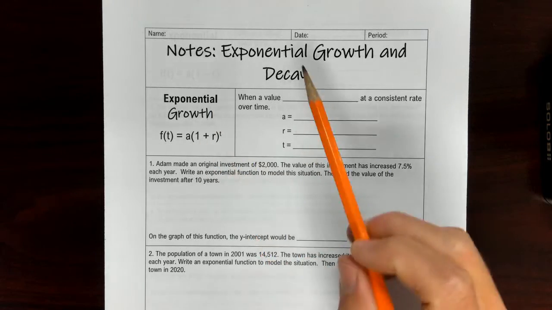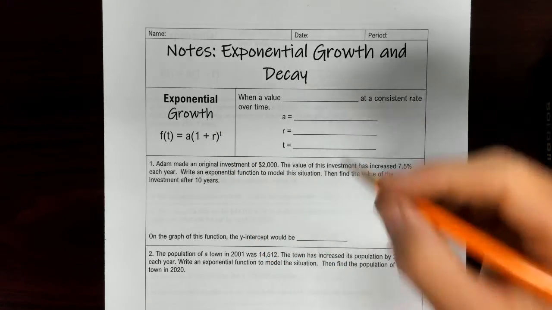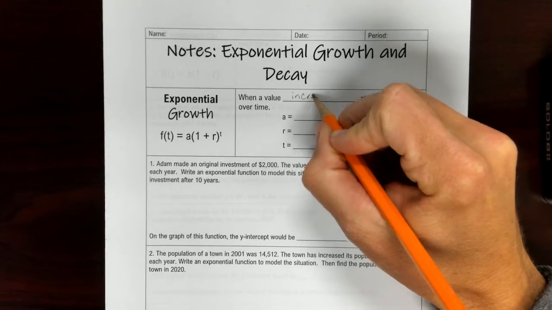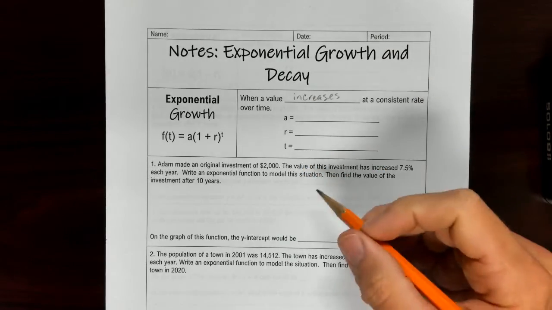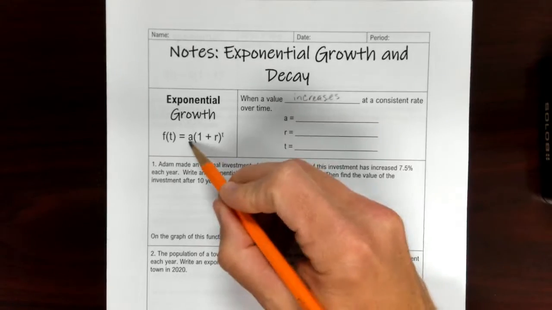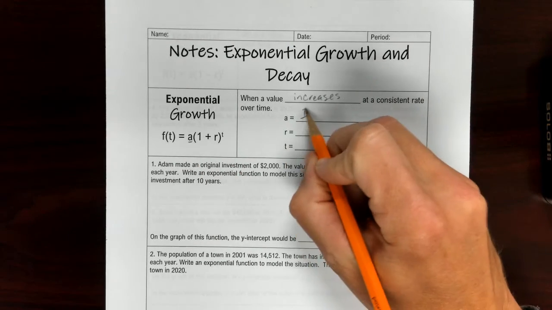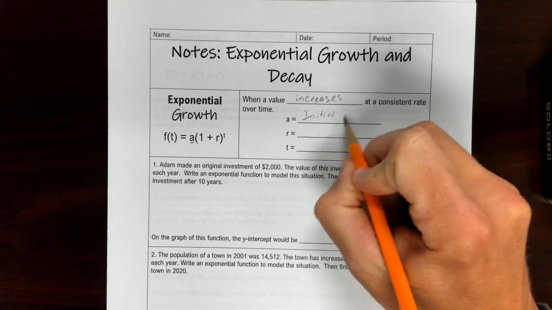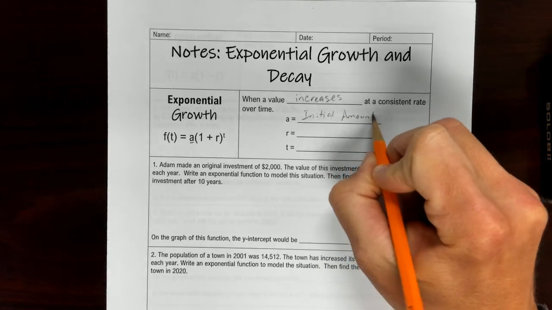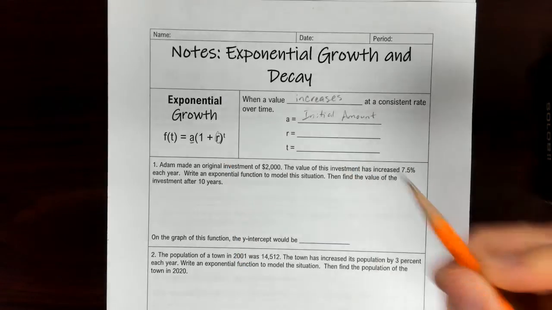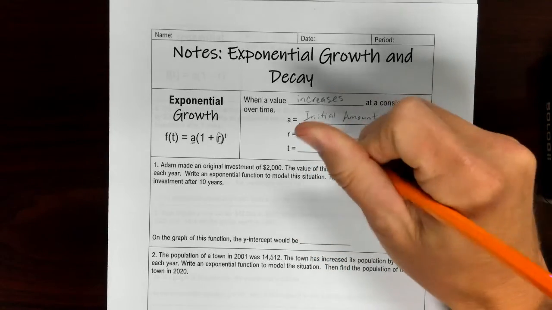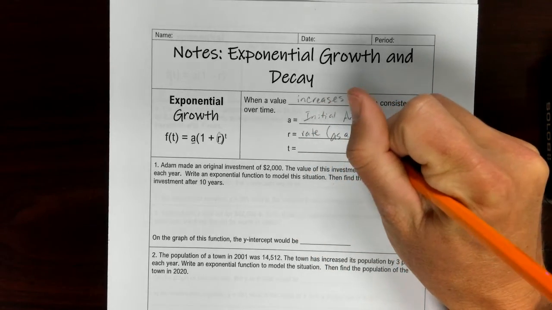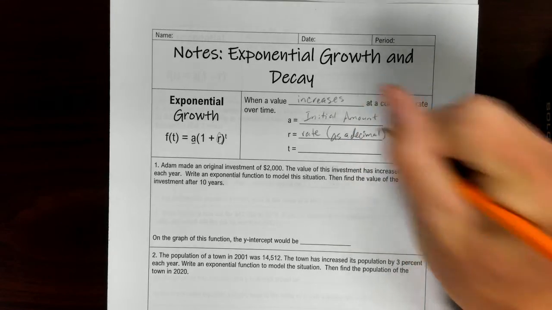We know that exponential growth increases over time. Okay, so the first blank is going to be increases at a consistent rate over time. A, in this case, is going to be your initial amount. R is going to be the rate, and that's usually seen as a decimal, so don't freak out.